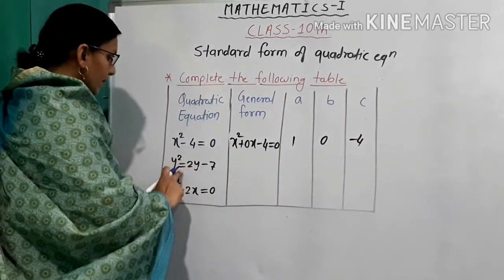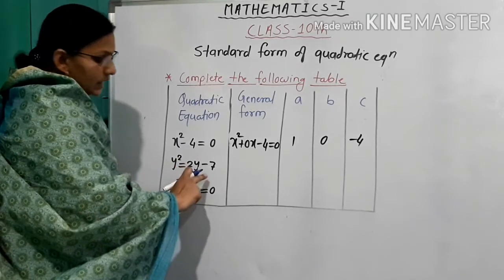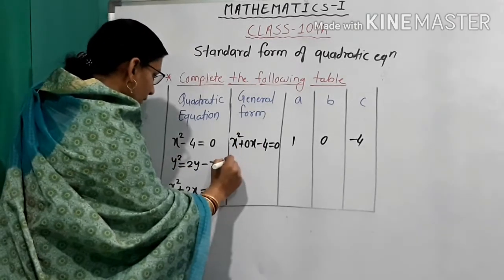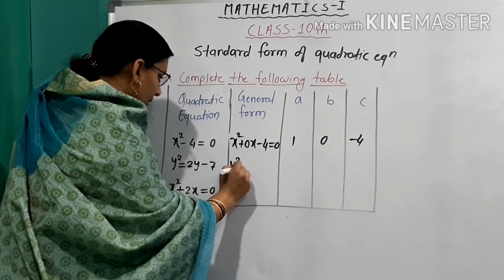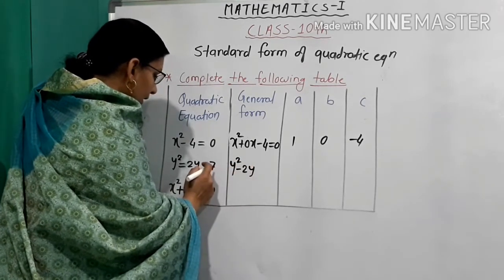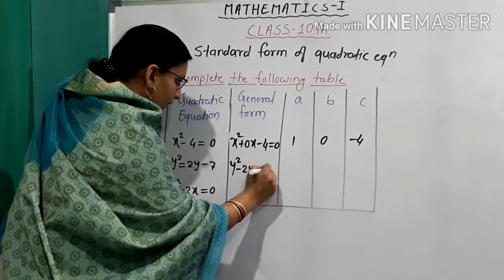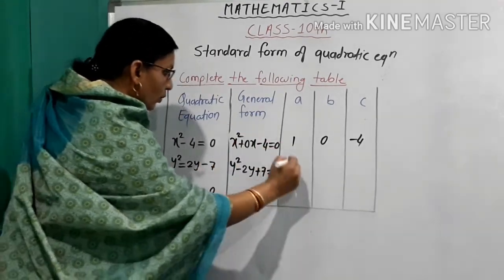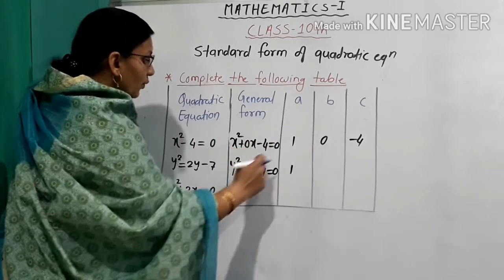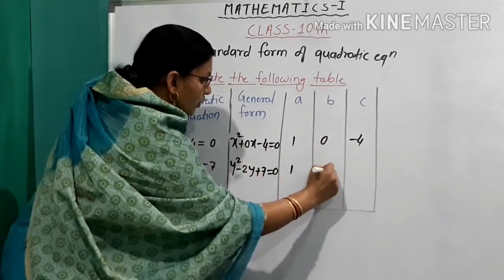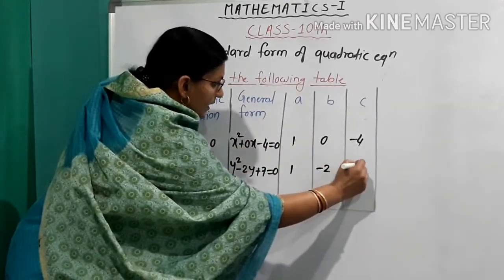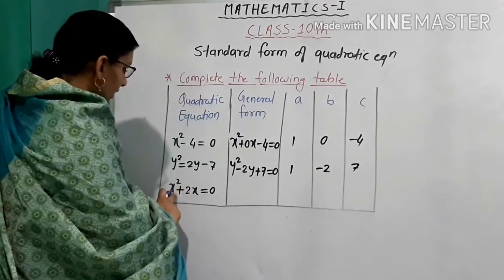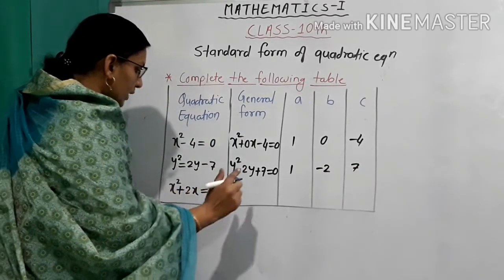Then second example, y square equal to 2y minus 7. Write down this in general form, y square minus 2y plus 7 equal to 0. Here a equal to 1, b equal to coefficient of y, minus 2, c equal to constant 7. x square plus 2x equal to 0.